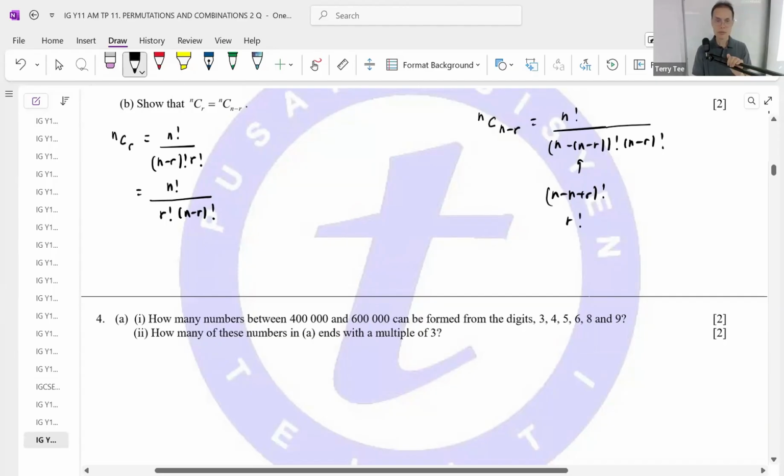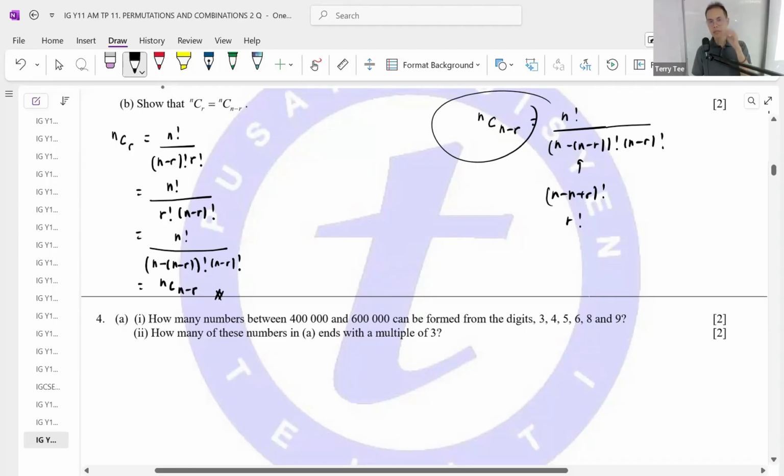Isn't this the same as this r factorial over here? So we keep writing n factorial on top, and below we write (n minus (n minus r)) factorial, (n minus r) factorial. Now, this is basically the same as this formula here, nC(n minus r). Yeah, that's how you show it.